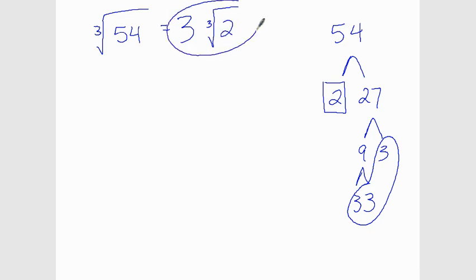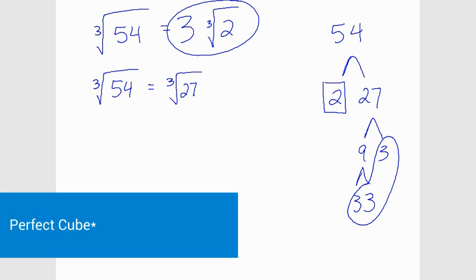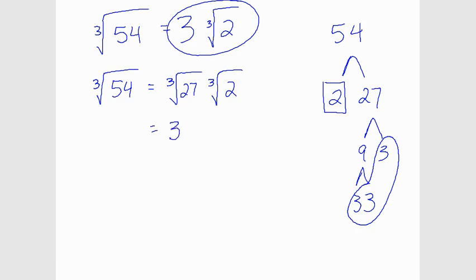This is why I like this method a lot better, it can be mainstreamed to create an overall algorithm for cube roots, 4th roots, 5th roots. If we're going to use the old school method, we would have to know that 54 is the cube root of 27, and that 27 is indeed a perfect cube, times the cube root of 2, and then we can get our 3 out of the cube root of 27 times the cube root of 2.